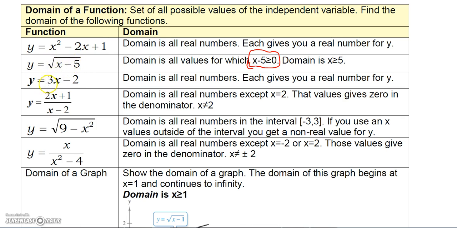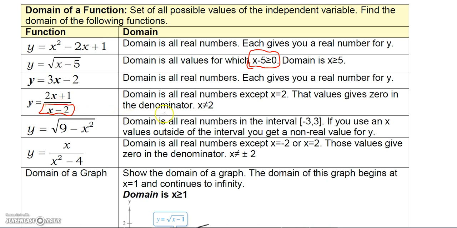Now this is just a linear function. 3x minus 2 is a linear function, and its domain is also all real numbers, because each value of x gives you a real number for y. Now when you have a rational function, where you have a numerator and a denominator, you've got to avoid letting the denominator equal 0, because you can't divide by 0.